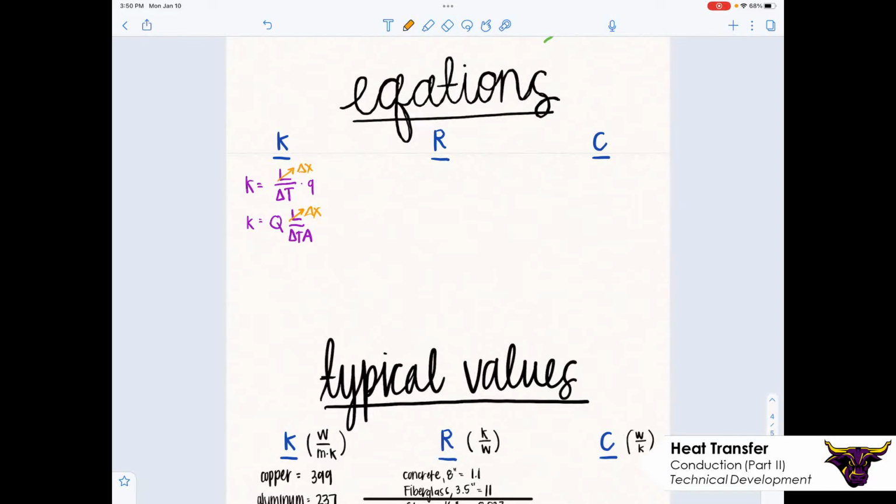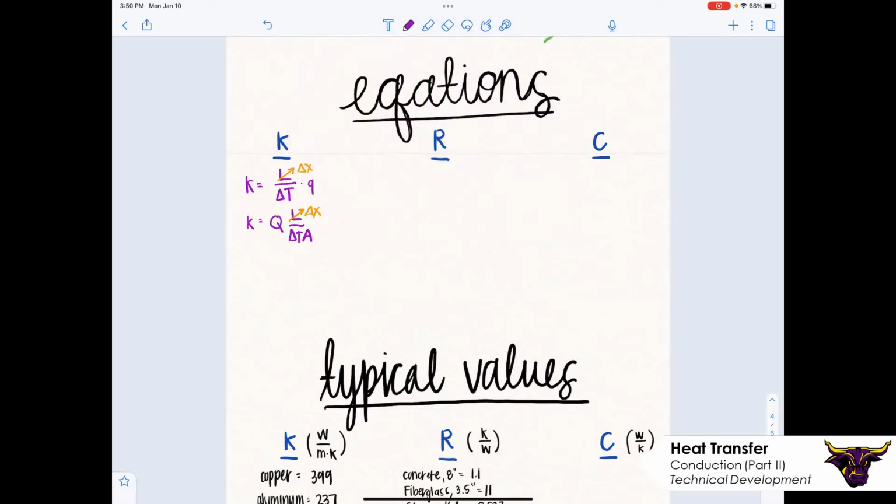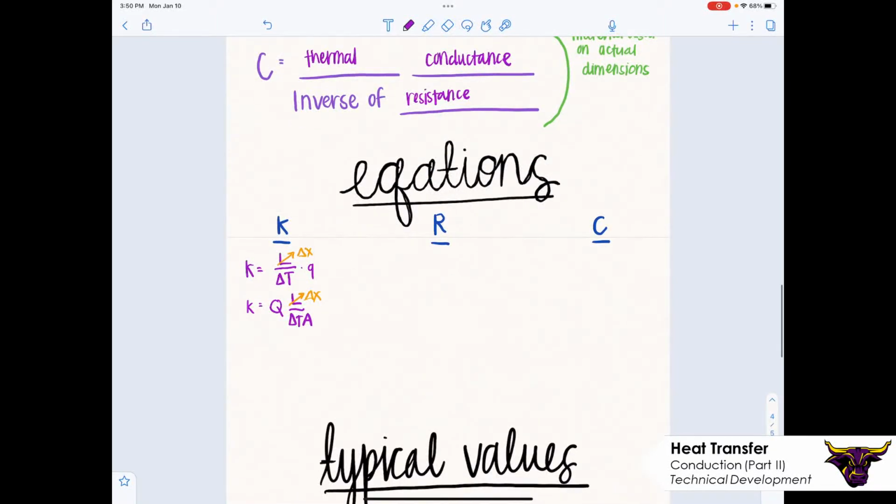That's another one it switches between. Sometimes you'll see L, sometimes you'll see delta X. So that's something to also be aware of. So there's our equation for K. So you see that just comes directly from our equation that Q is equal to Ka delta T over delta X.